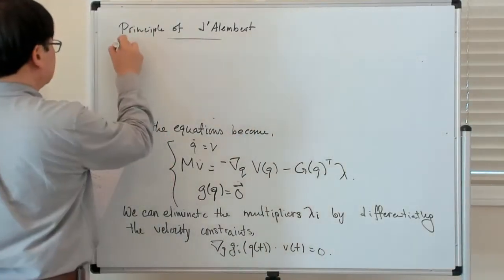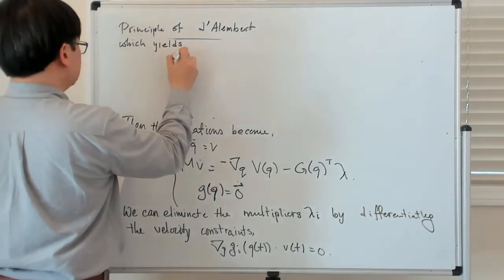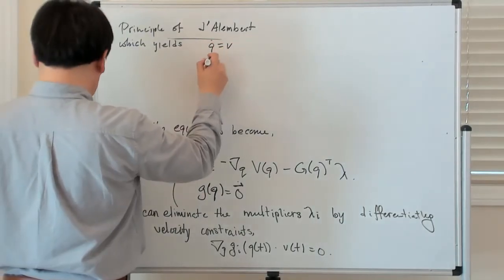Which yields the following. Q dot is equal to V again.